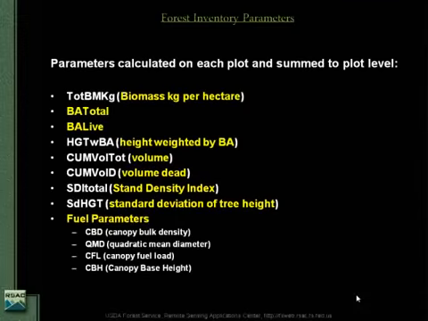These are all the parameters that we set out to try and model across the landscape. Biomass at the top, some timber inventory variables, basal area, volume, SDI, and then we also had some fuel parameters at the bottom there. So these are all the things we were interested in modeling and attempted to model with this technique.